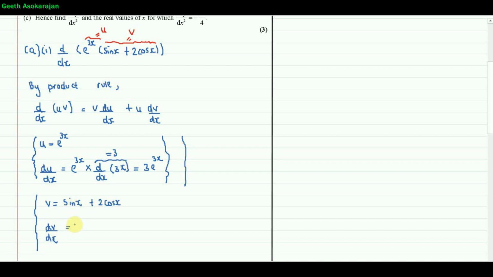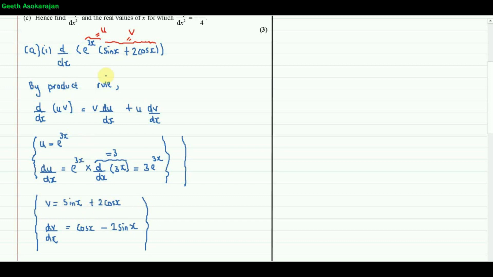When I differentiate sine x, it's cos x. And when I differentiate cos x, it's a minus sine x, so that when I differentiate 2 cos x, I'll get a minus 2 sine x. So this is the derivative of v.